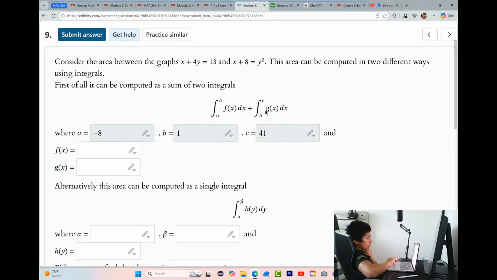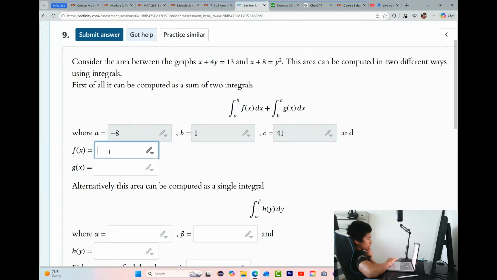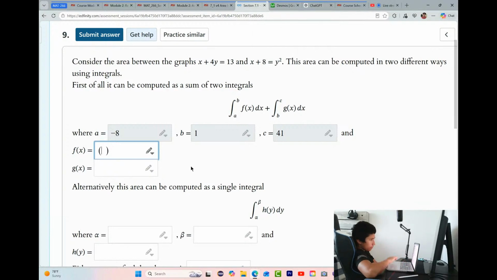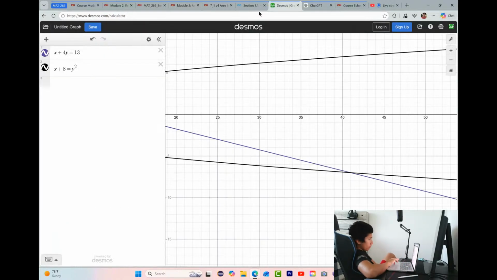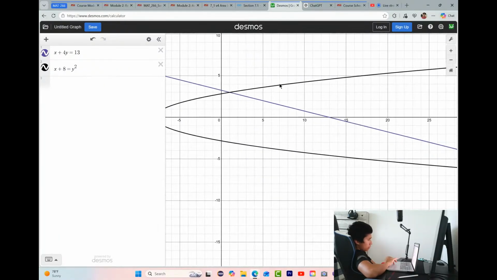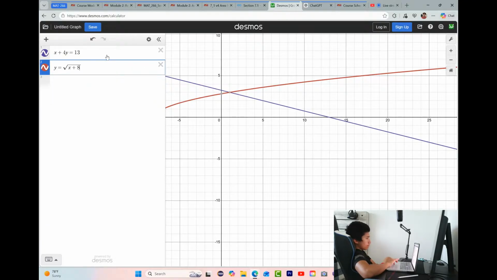f of x equals, so basically just want me to do the entire thing. What does f of x equal? Oh, well, very easy. x plus 4y is going to be the purple, and x plus 8 is going to be the, oh, hold on, so if I do y equals square root of x plus 8, same thing, right?